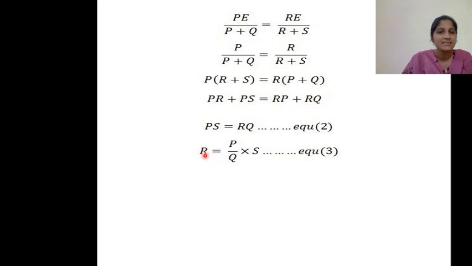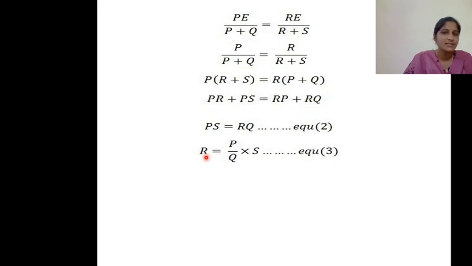R is the unknown resistance, and P and Q are ratio arms. P by Q is the ratio arm. S is the variable resistance. By substituting all these values, you can find out the value of R.